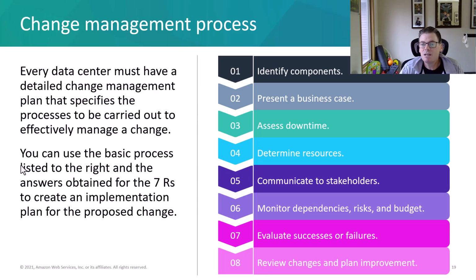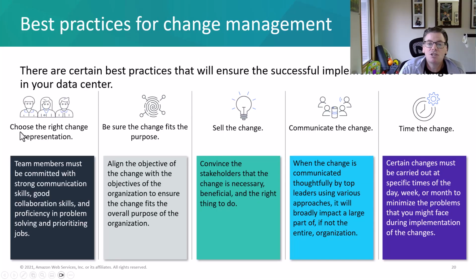We can identify the components, present the business case, look at the downtime, determine what resources are required, communicate the changes to the stakeholders, monitor the dependencies, risks, and the budgeting process, and then how can we evaluate the success and failures. And then the one thing that too many people skip is number 8, right? Look at the changes and plan improvements, right? We want to look at what happened during this process and how we managed that.